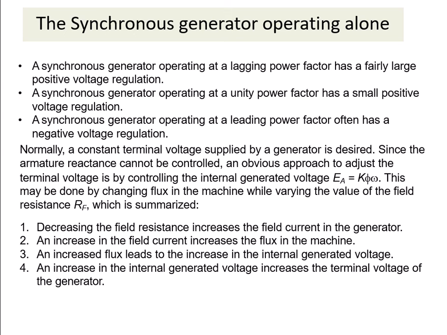So to increase the terminal voltage, we should decrease the field resistance, or in other words increase the field current. We can control our terminal voltage by decreasing or increasing the field resistance.